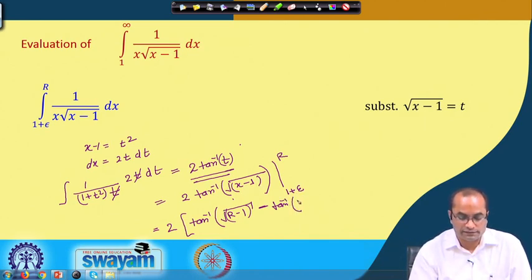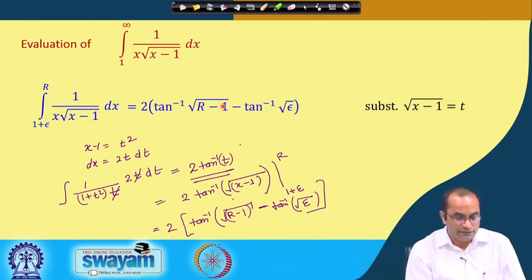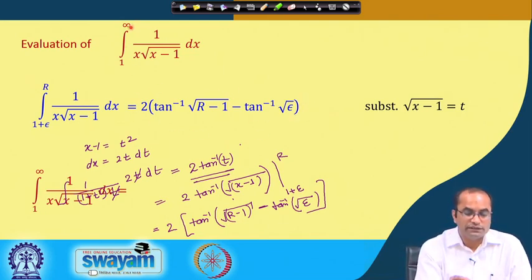So, 1 gets cancelled and we get the square root of epsilon. So, this is the value of the given integral: 2 times tan inverse of the square root of r minus 1, minus tan inverse of the square root of epsilon.